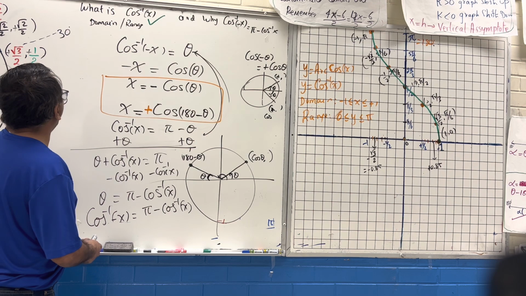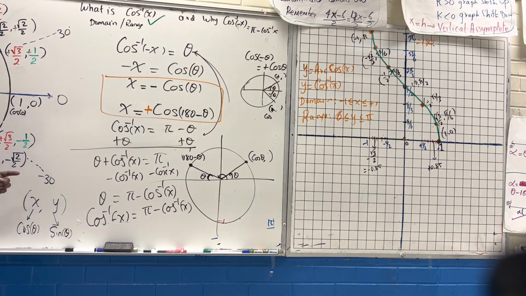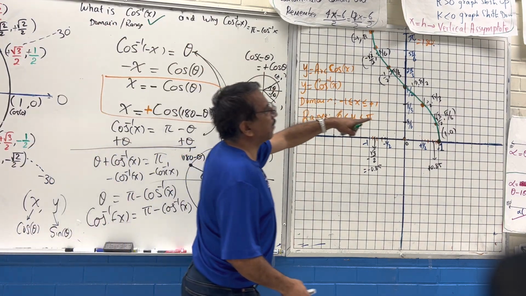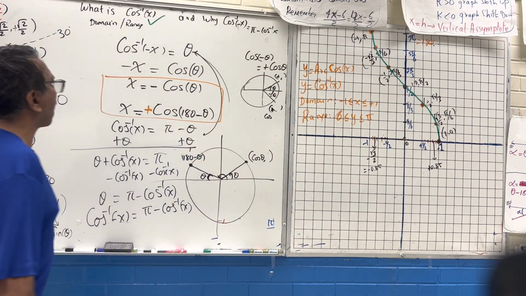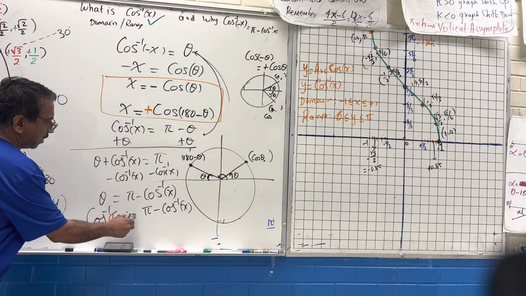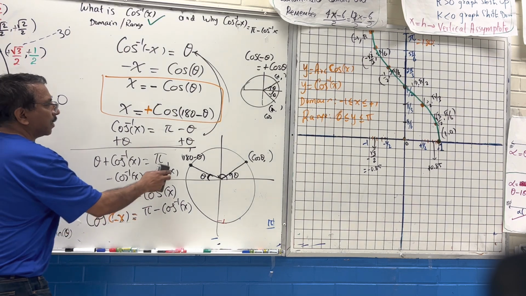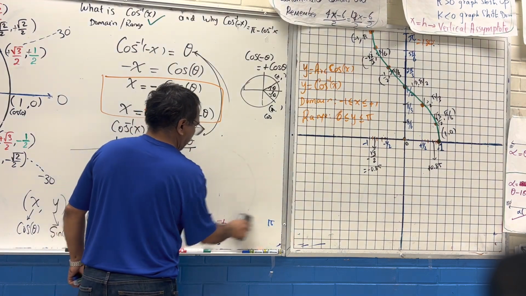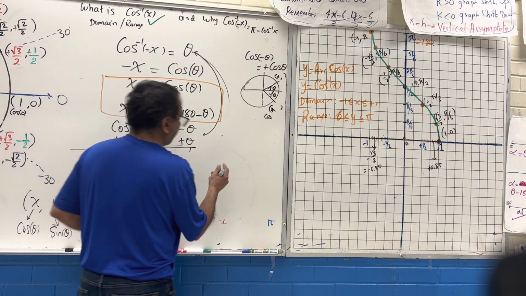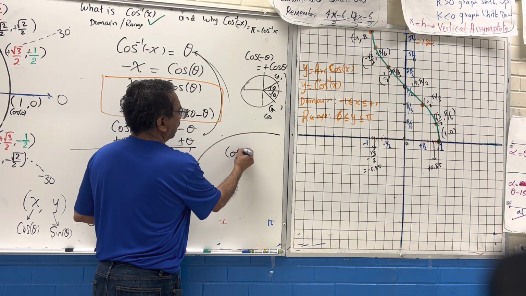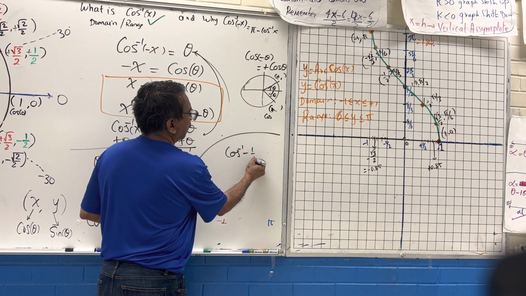So what I wanted to show, the first step, is why this exists. Then we saw the graph of the cosine inverse, and now we see why cosine inverse of minus x equals this. I'm going to give a simple example here. Imagine the question is asked, what is cosine inverse of minus half?